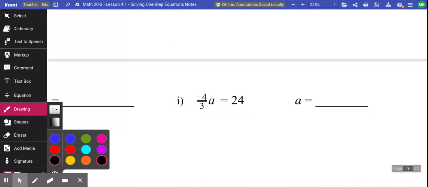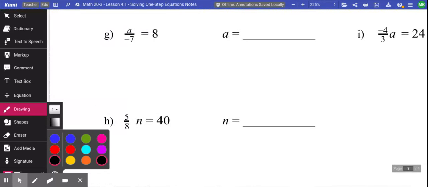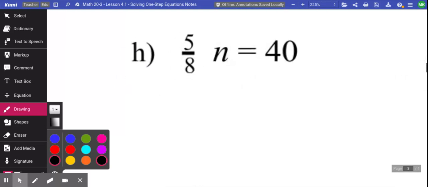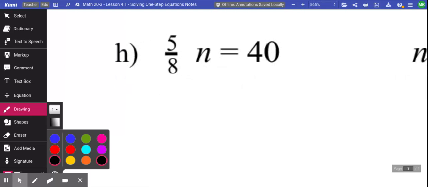I'm going to fast forward to like this one, H. Is that the one you're on, Jaden? Yeah. Okay. This one. This one, you've got 2 things going on. Okay, this is the same thing as saying 5 times n divided by 8.